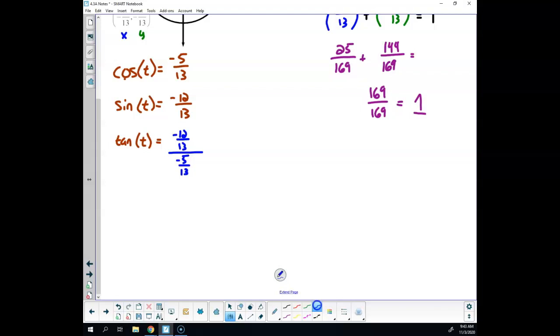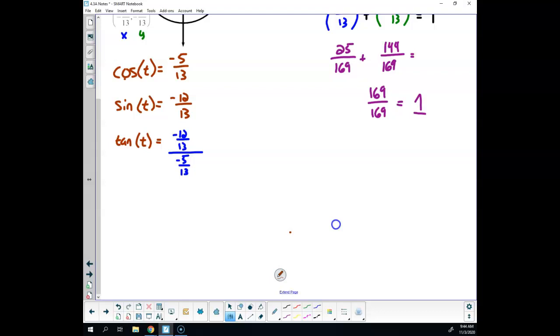Anybody remember how to divide fractions? We flip which one, top or bottom?